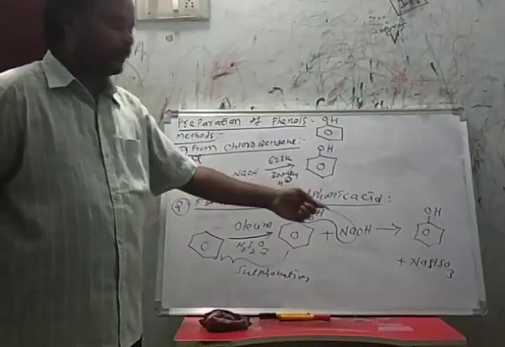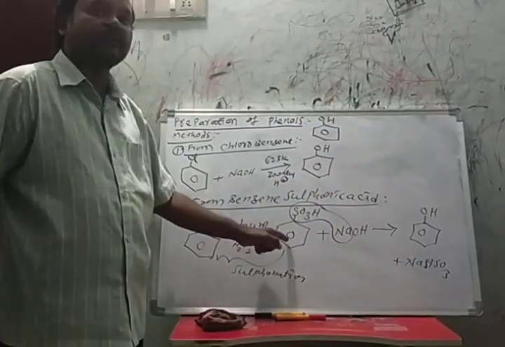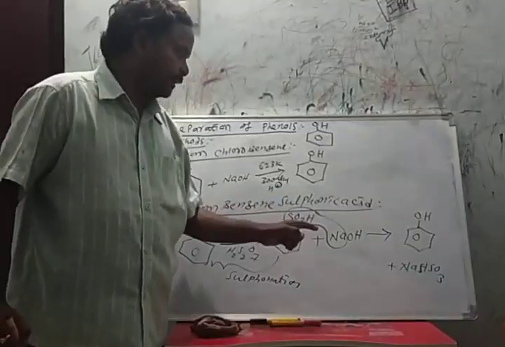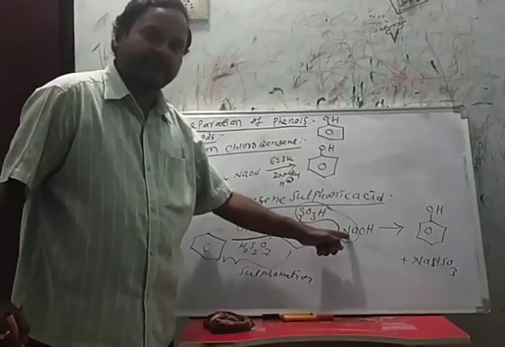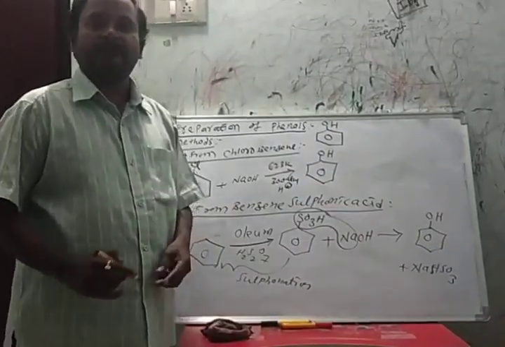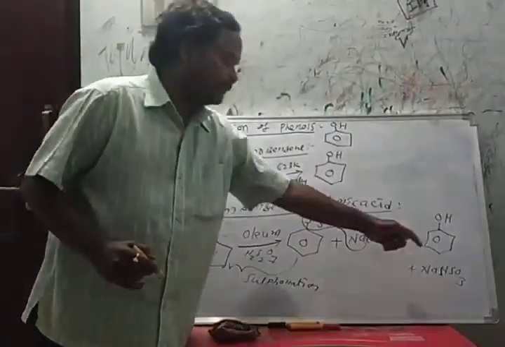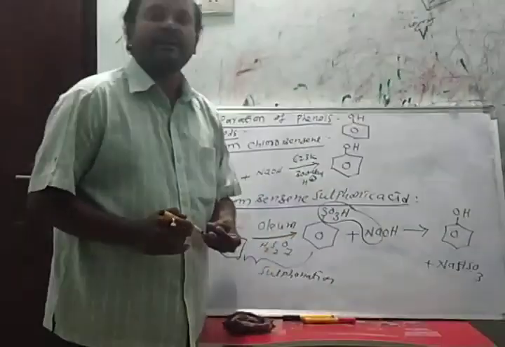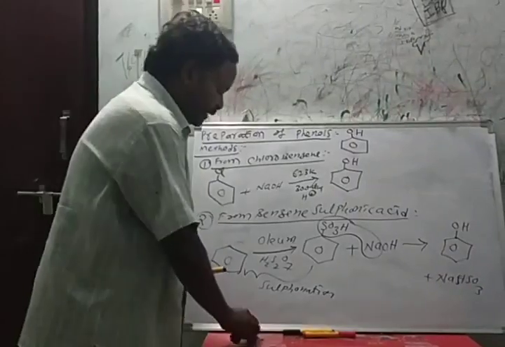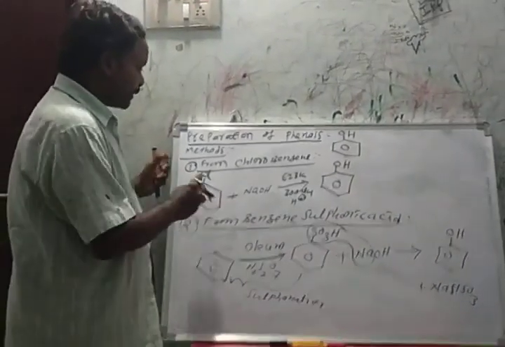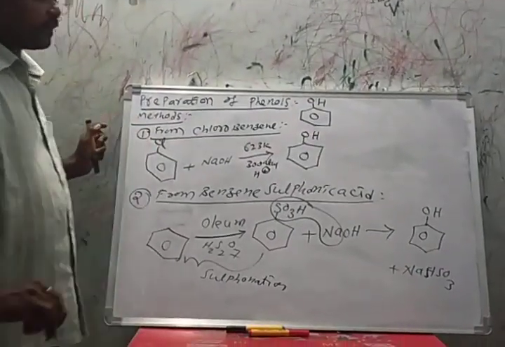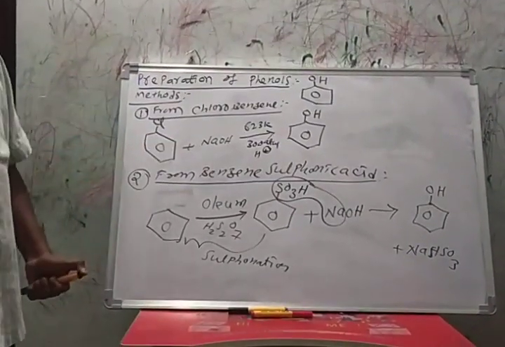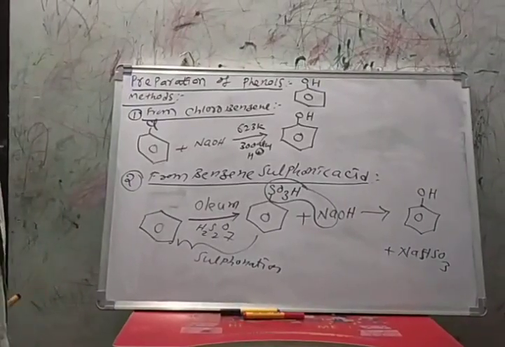The phenol is prepared from the benzene sulfonic acid by the reaction with sodium hydroxide, releasing NaHSO3, sodium bisulfite. Okay, this is about the two methods: preparation of phenol by using chlorobenzene and by using benzene sulfonic acid.